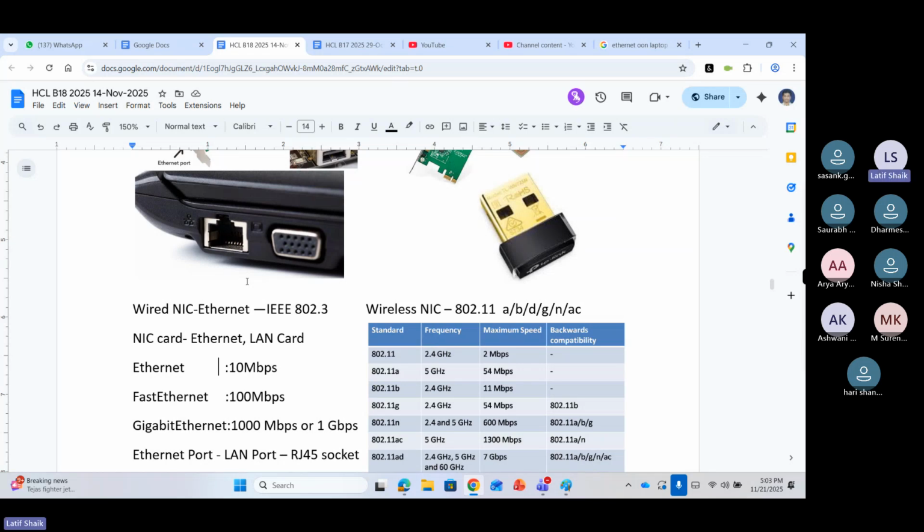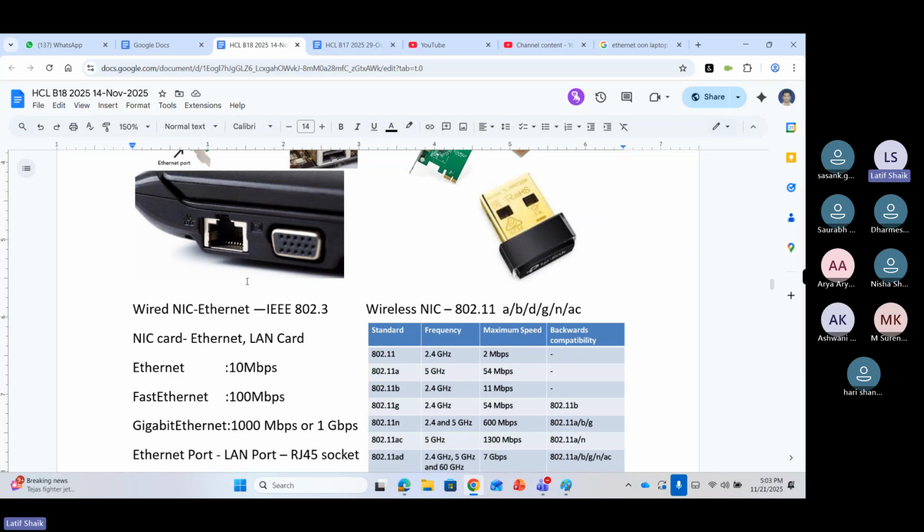Ethernet supports data transmission of 10 Mbps. It's bps, guys, with a small b, meaning bits per second. Fast Ethernet is 100 Mbps data transmission speed. The next version is Gigabit Ethernet, 1000 Mbps or 1 Gbps data transmission speed.